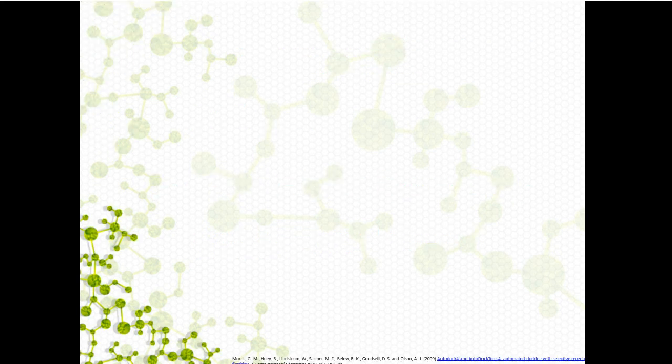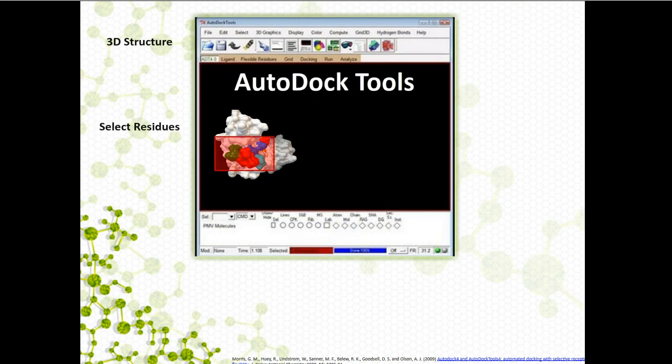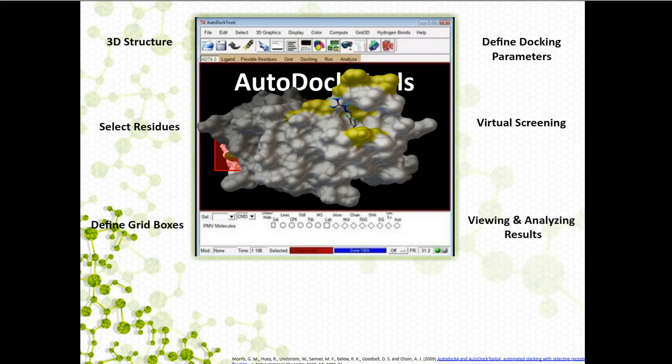So to summarize the in silico phase, you have the Autodock tools that help you view the 3D structure of the target protein, followed by selecting the specific residues that you would like to target based on previous literature, followed by defining the grid boxes in order to guide the virtual screening runs, followed by preparing or defining the docking parameters, and then undergoing the virtual screening run, followed by viewing the results and analyzing them.